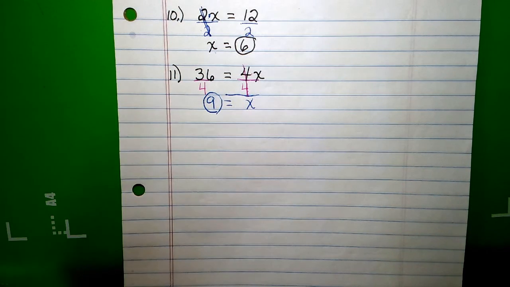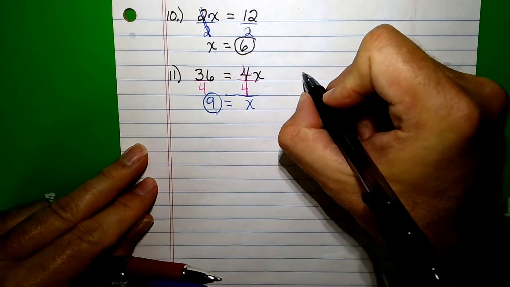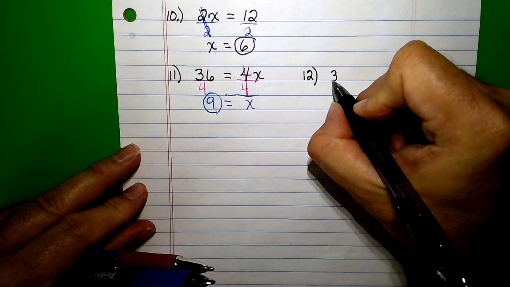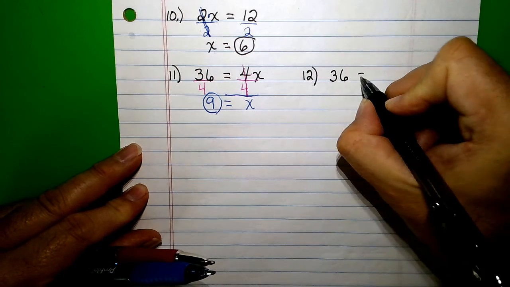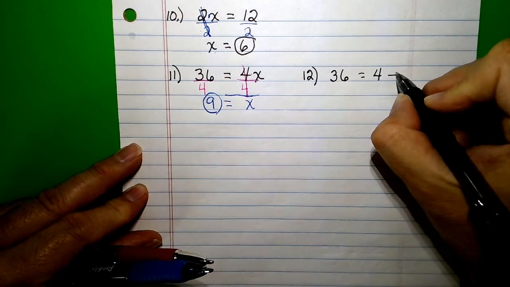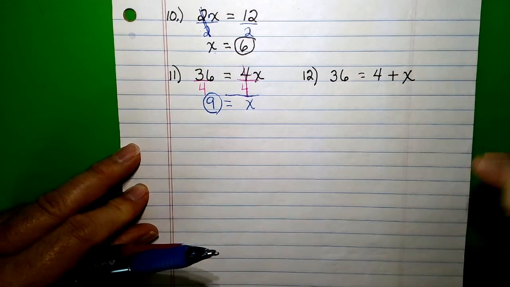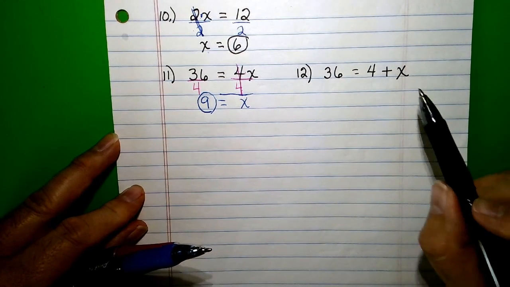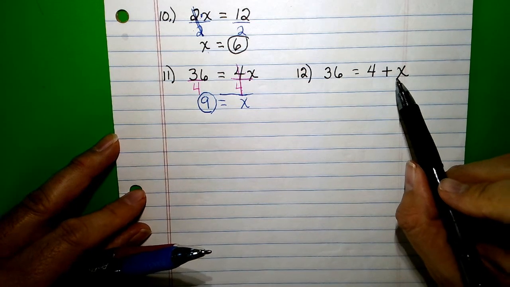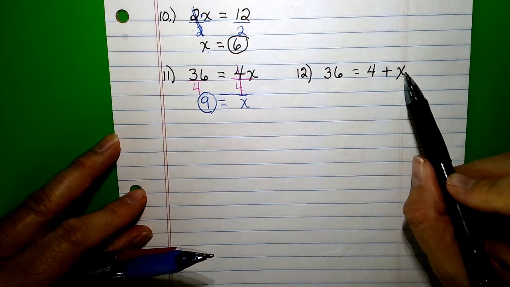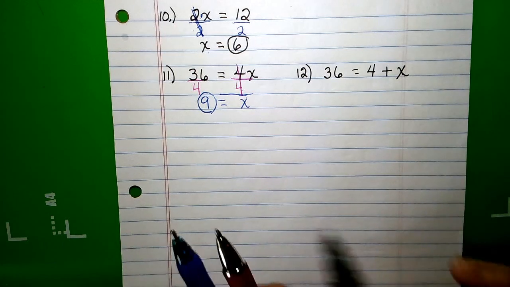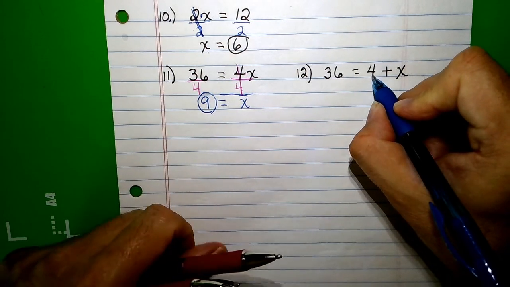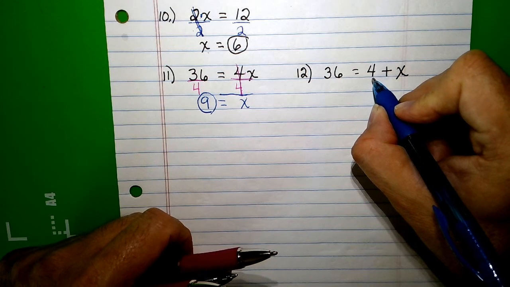At this point, it might be a good idea to compare and contrast these two problems. How does this problem differ from number 11? If I want to solve this for x, isolate the x, well, I need to subtract the 4 here, not divide it.